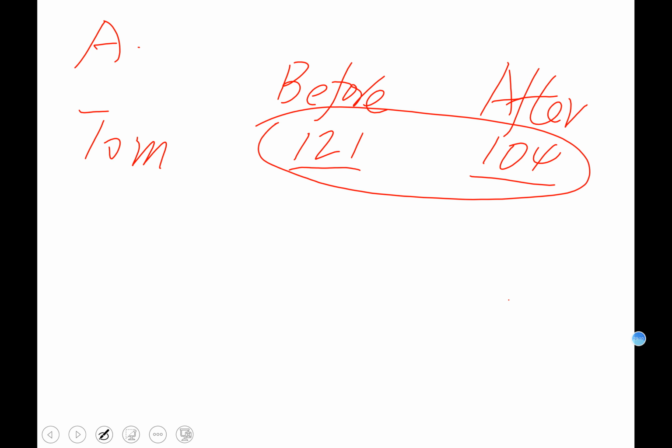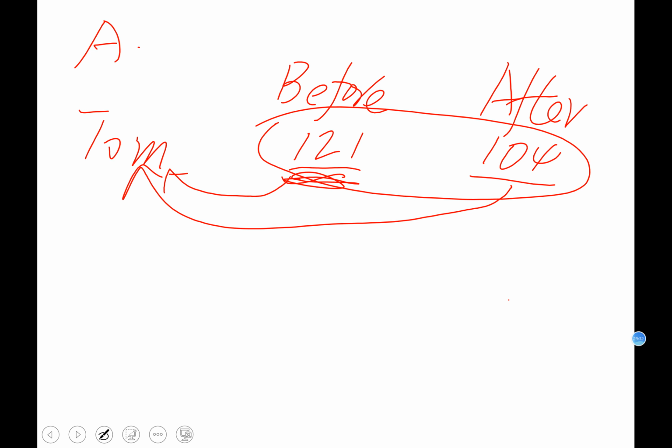The two numbers have a special relationship. The first number comes from the person Tom, and the second number is from the same person, right?